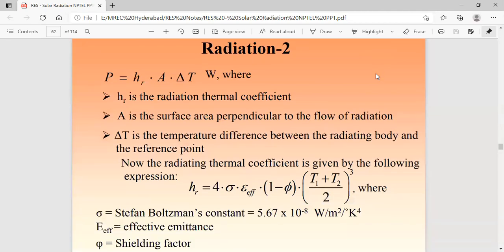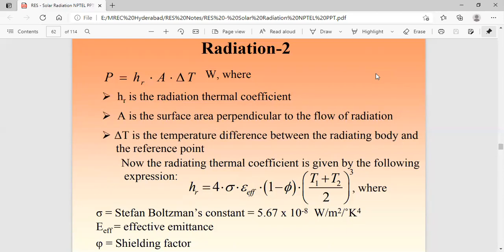P equal to HR into A into del T watts, where HR is the radiation thermal coefficient, A is the surface area perpendicular to the flow of radiation, del T is the temperature difference between the radiating body and the reference point.